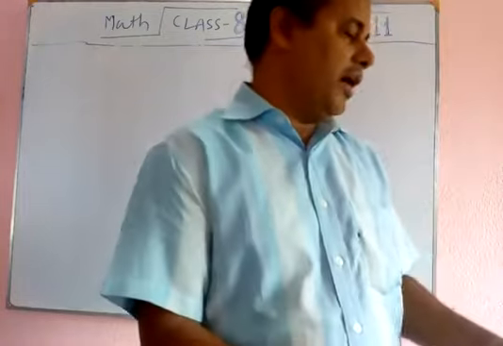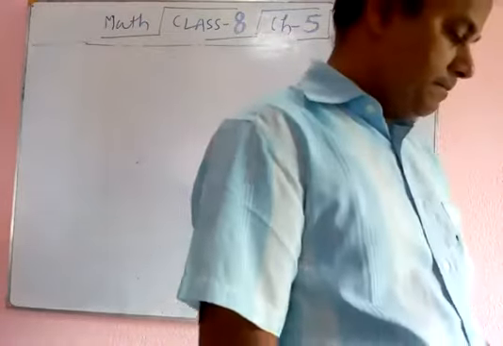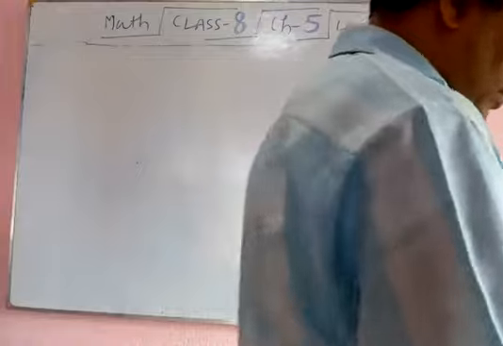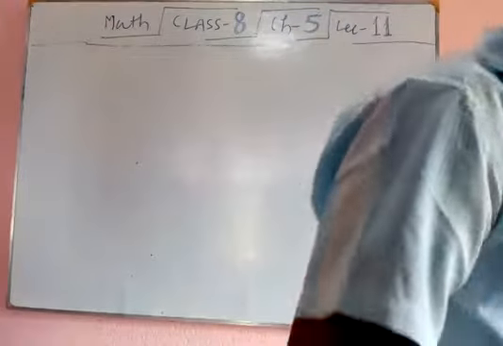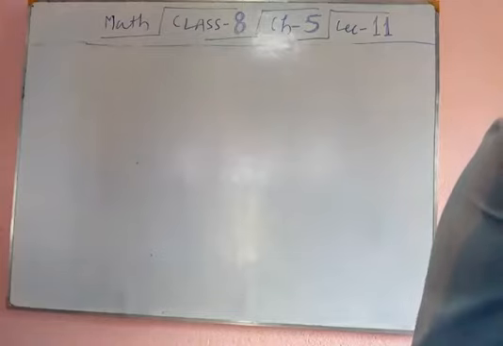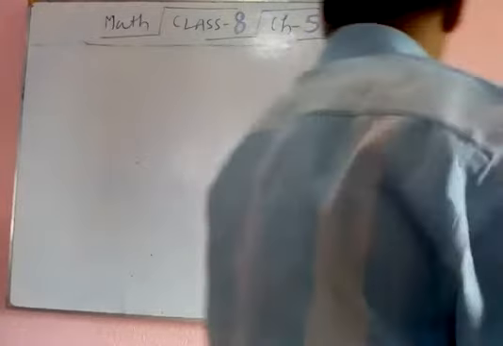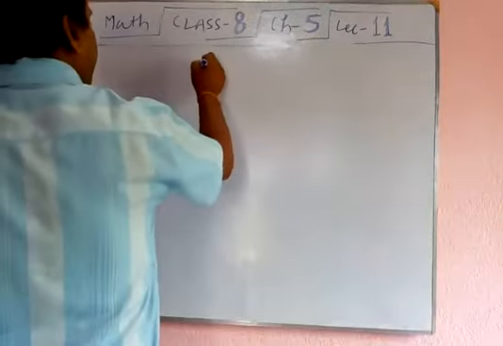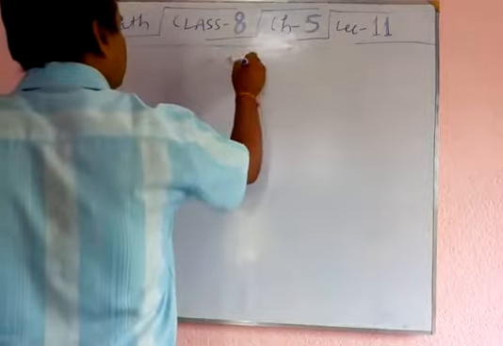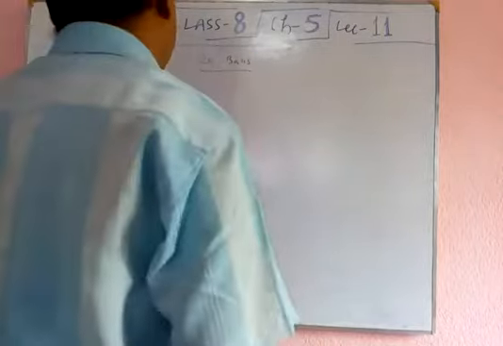So how many balls are there? There are 20 balls, and numbers are 1 to 20.